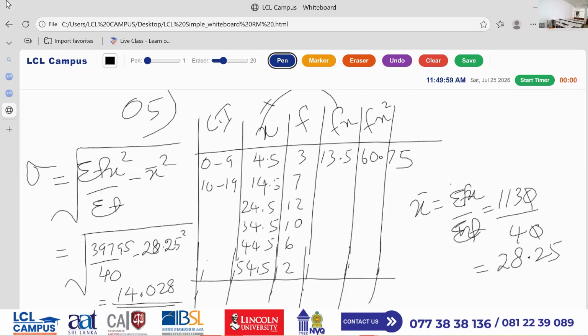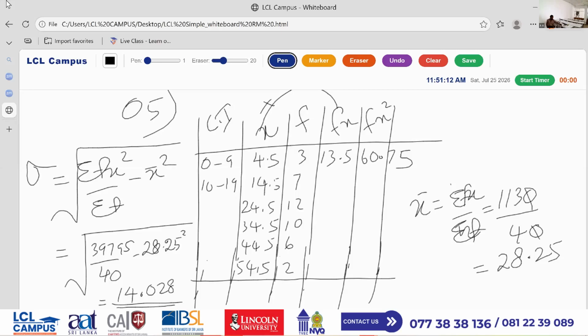Next, 14.5 shift comma 7 M plus. Put in all of them. n equals 42. Then press AC.